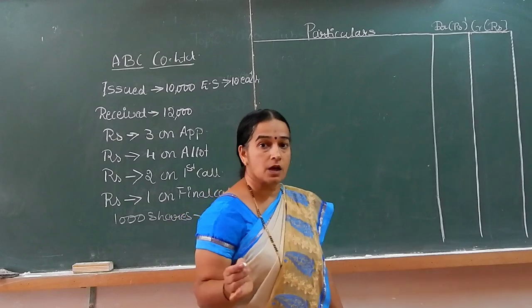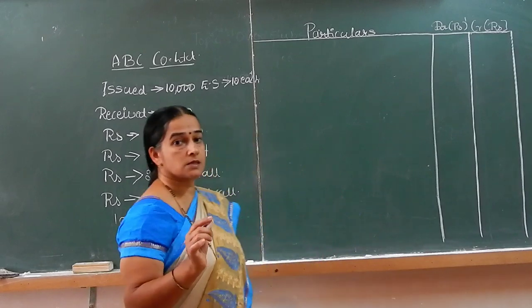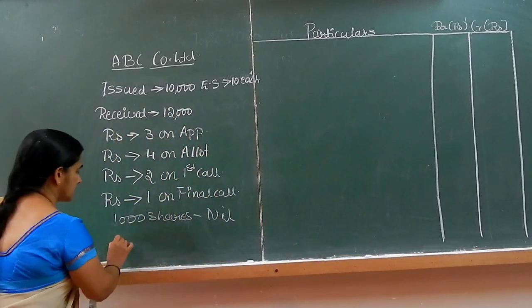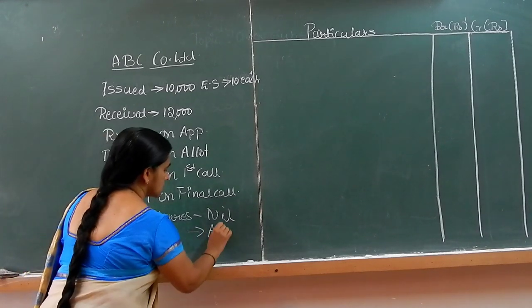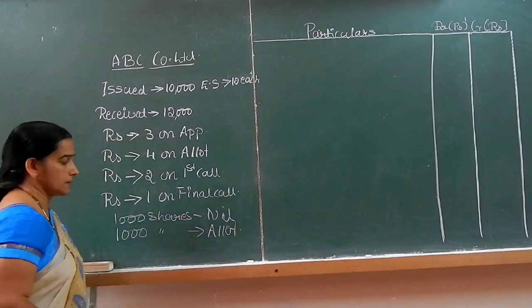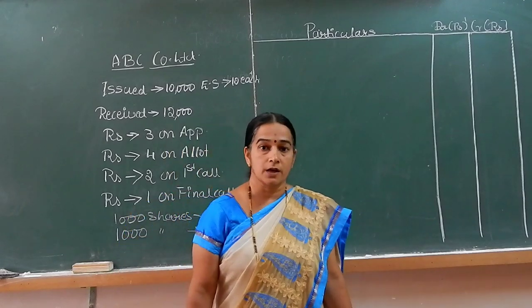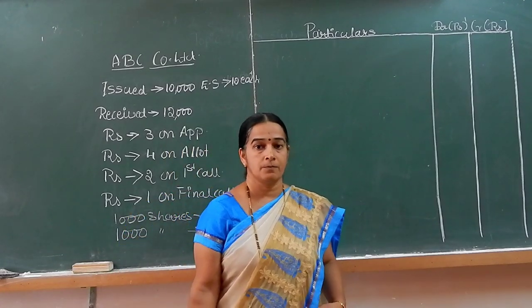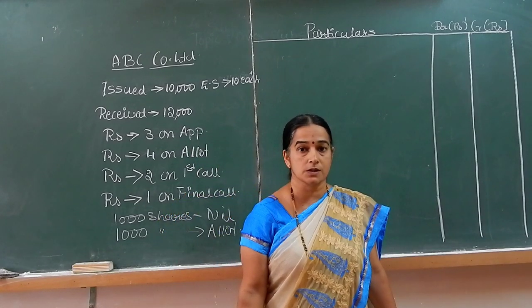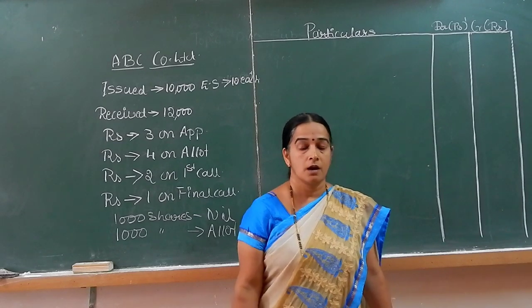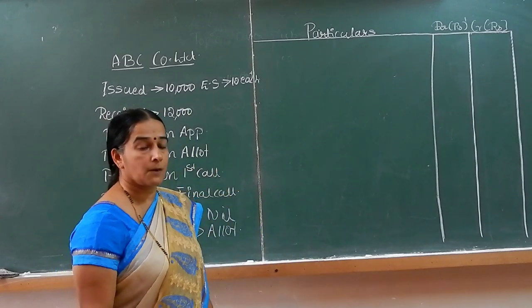The remaining 1,000 excess share application money is adjusted towards the allotment. All the shares were fully subscribed and the money was duly received. Pass the necessary journal entries in the books of the company.